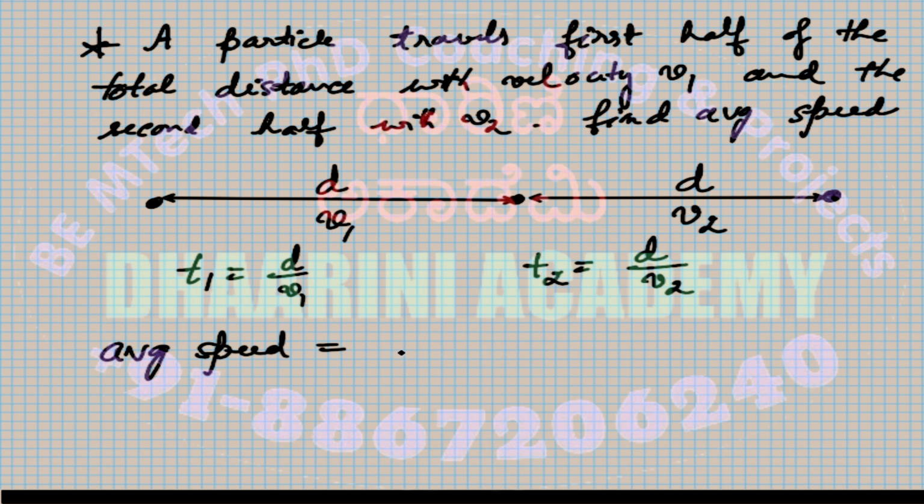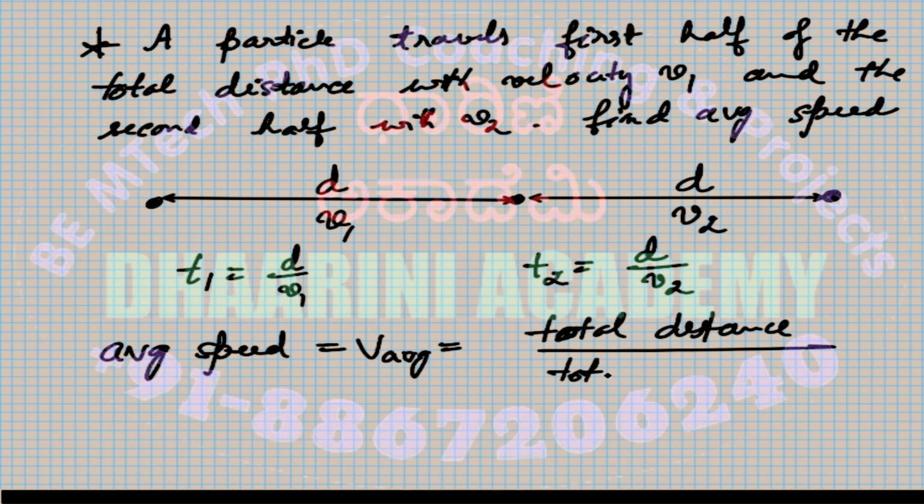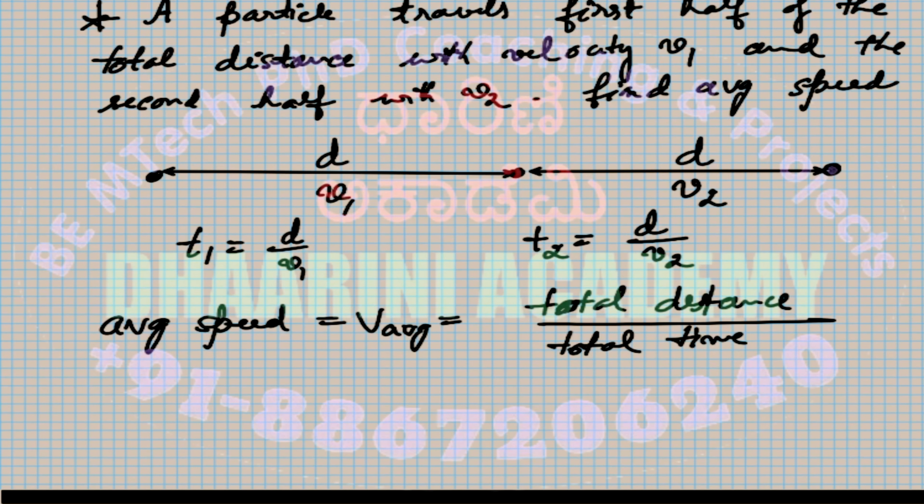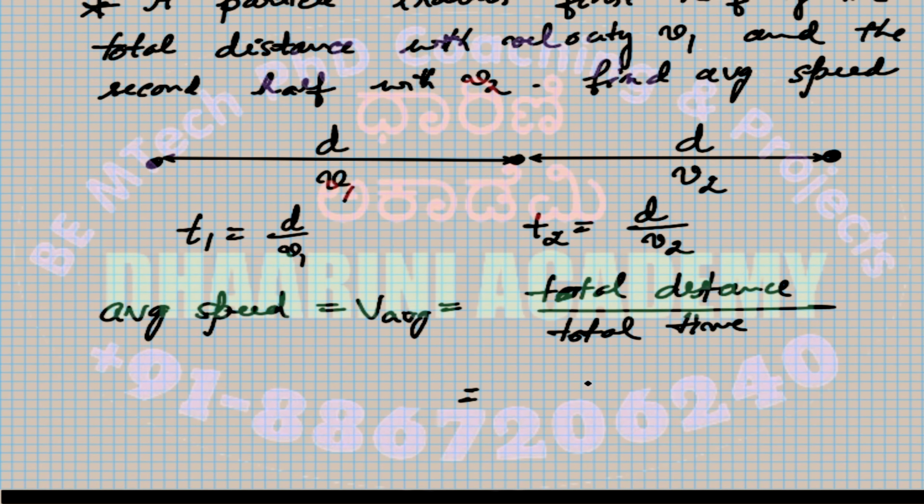So what is average speed? Average speed v average is equal to total distance divided by the total time. So what is the total distance? d plus d, so 2d.